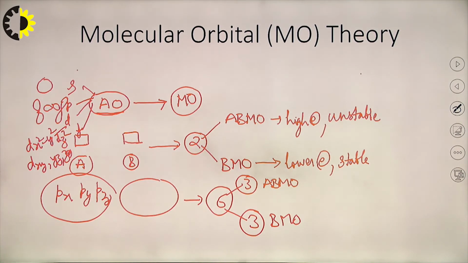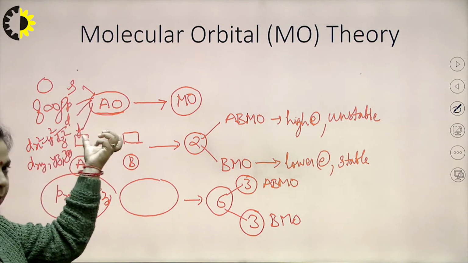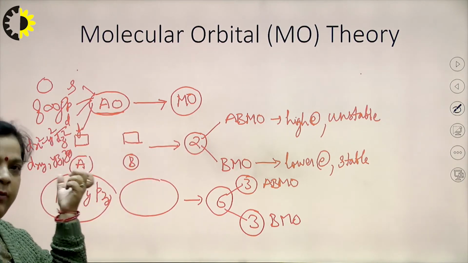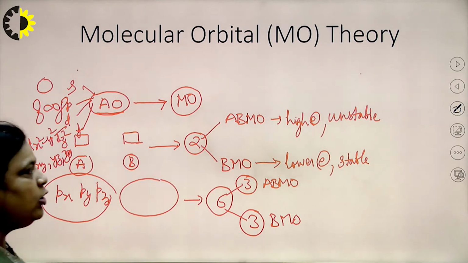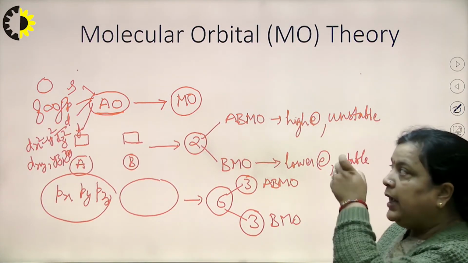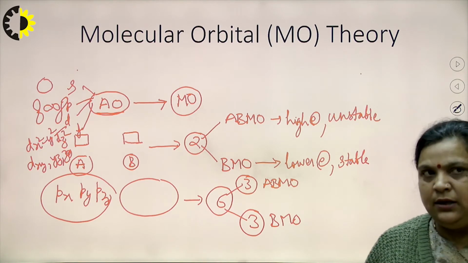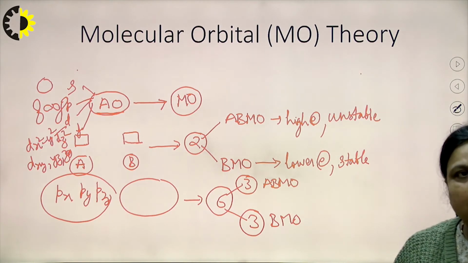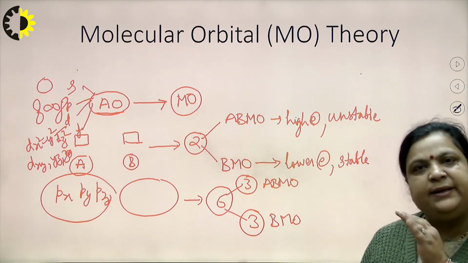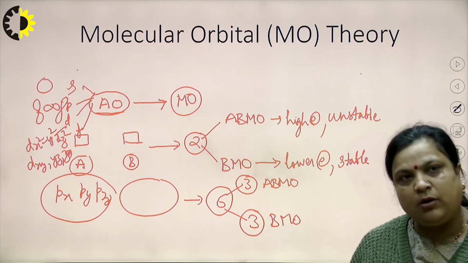So, the second point is atomic orbitals have fixed shapes, while the shape of molecular orbitals depends on which type of atomic orbitals get combined. Third, atomic orbitals are monocentric because they belong to a single atom, while molecular orbitals are polycentric. So, this is the basic difference between atomic orbital and molecular orbital.